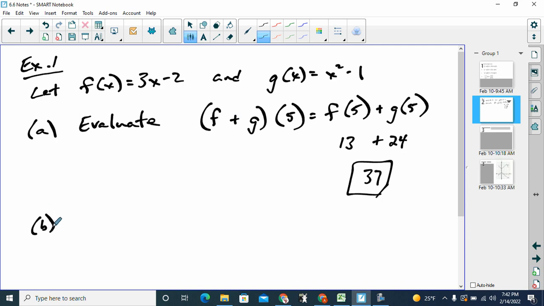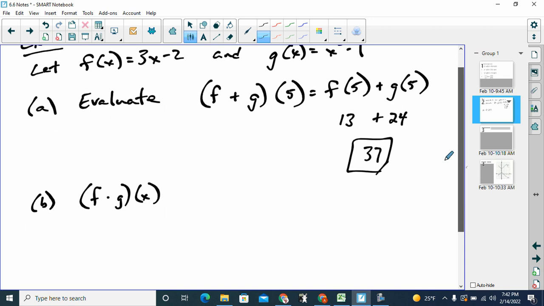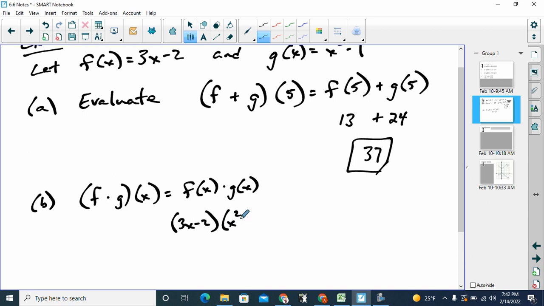Part B, we are also asked to evaluate, same directions, but this time it is (f · g)(x). So in part A, we were given a specific x value to plug in. Here we are just asked to multiply f(x) and g(x). Remember, (f · g)(x) is the same thing as f(x) · g(x). Well, f(x) is equal to 3x − 2, and g(x) is equal to x² − 1.